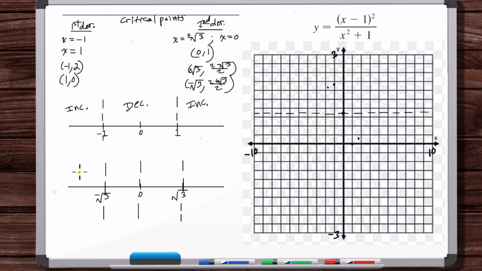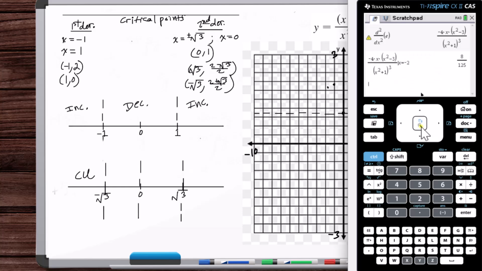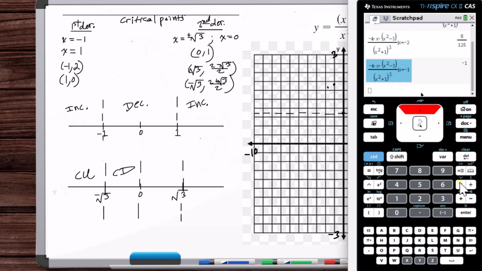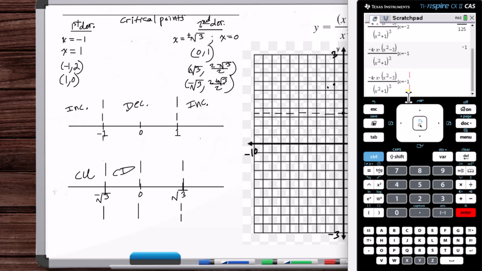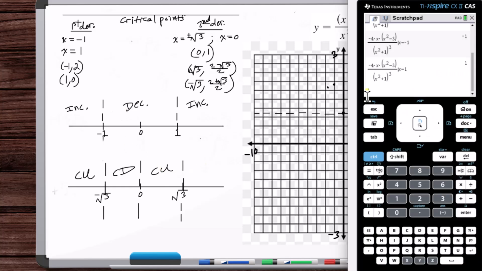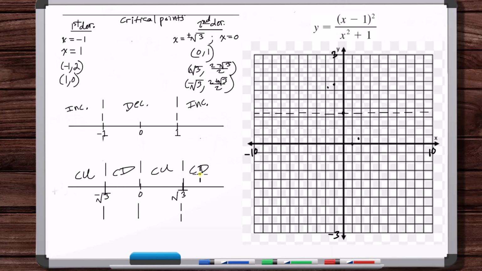It's positive, so concave up. Now something between minus root 3 and 0 would be minus 1. It's negative there. Now change this to 1. So now it's positive, and then let's go positive 2. Negative.